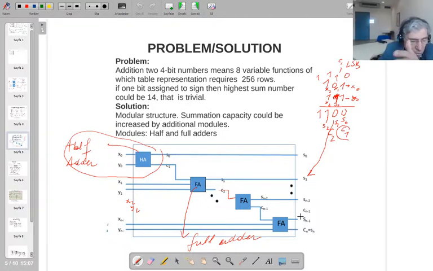So that means you can adapt any bit number quite easily by adding one more block. So that's a good conclusion.